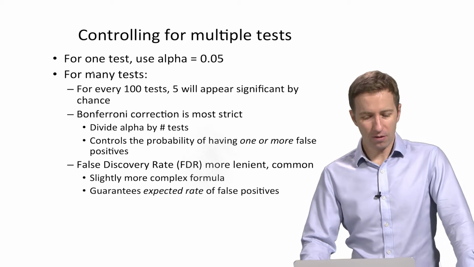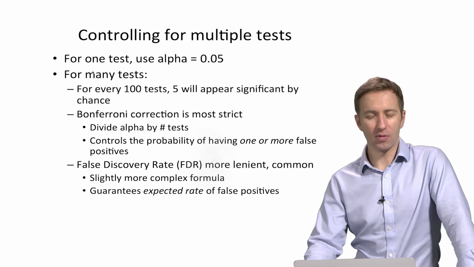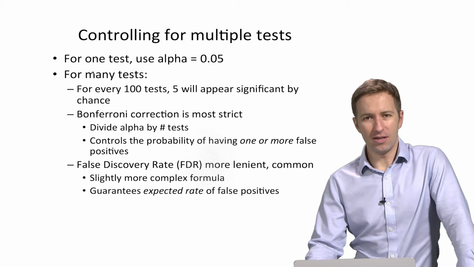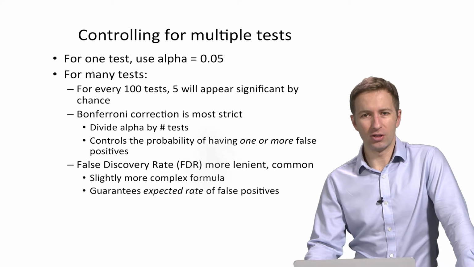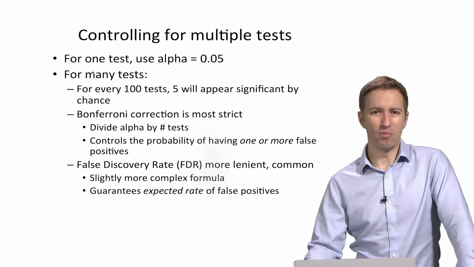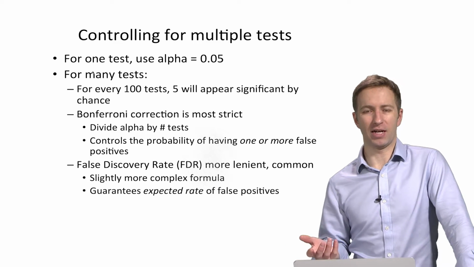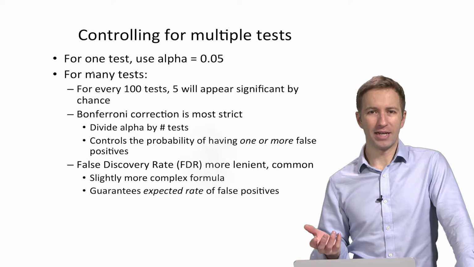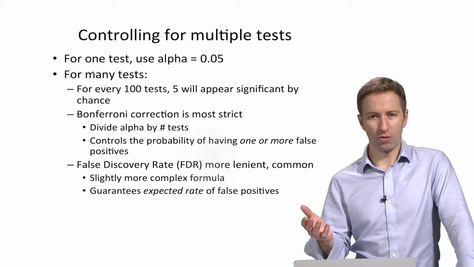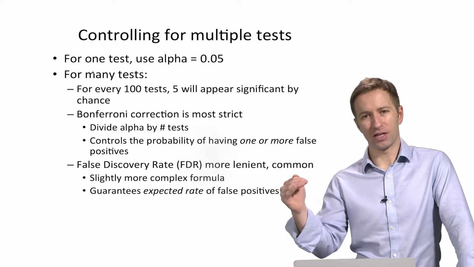We can fix that using a number of different methods. The common way for genetic testing is to use Bonferroni, where you basically multiply the p-value by the number of tests you're doing, or you divide your threshold by the number of tests you're doing.